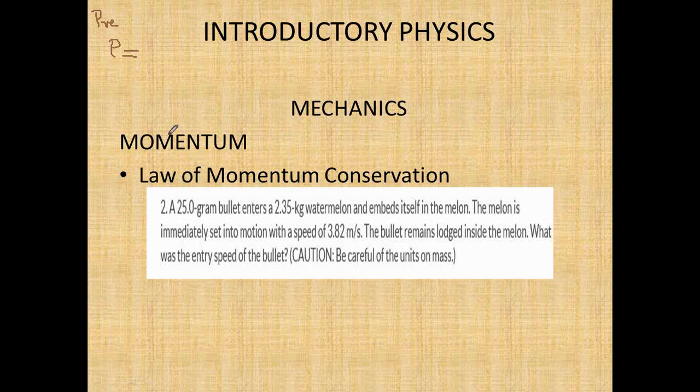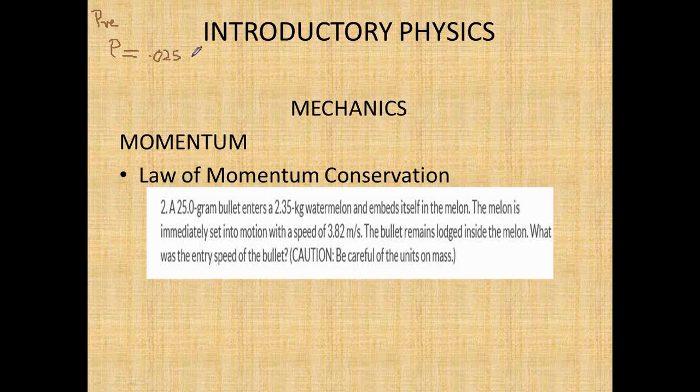When you have kilograms, you have to divide by 10 to the power 3, or 1,000. So the mass in kilograms is 0.025 kilogram. That's the mass of the bullet.